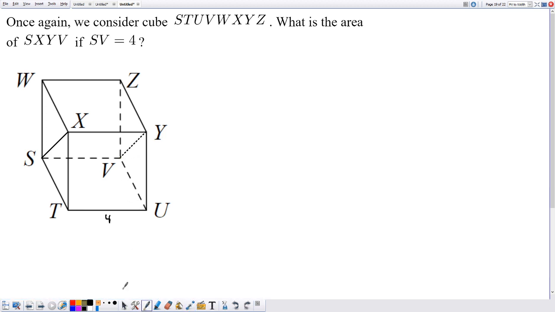So now we have a better picture of what SXYV is. It's this rectangular surface that cuts the cube in half almost, basically. So we want to find the area of, I'll shade it out for us, this rectangular object here.